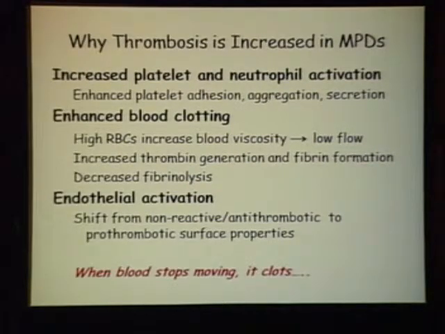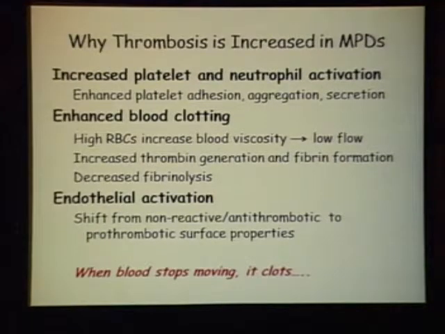There is increased generation of thrombin within the blood itself, and there is decreased clearing up of clots, decreased fibrinolysis, by a number of mechanisms, including changes in the way the blood vessel wall, the endothelium, responds to these stimuli.